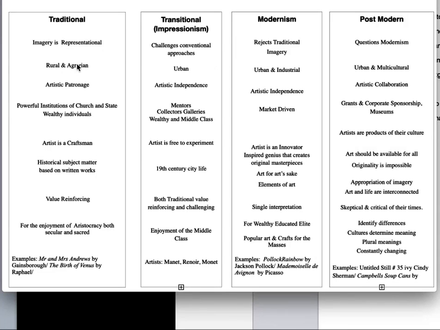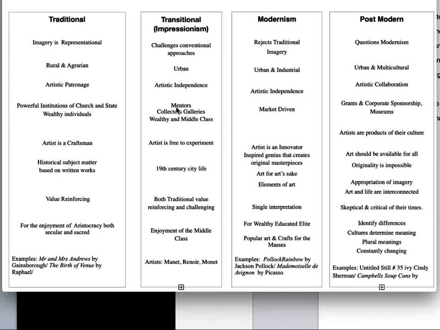So in traditional art, we have a rural and agrarian culture where the artistic patronage is in the wealthy institutions, the church, the state, or wealthy individuals. Whereas in Impressionism, it's much more urban, city life, what's happening in the city. And then there is this artistic independence, it's left the confines of the academy and painting for the wealthy.